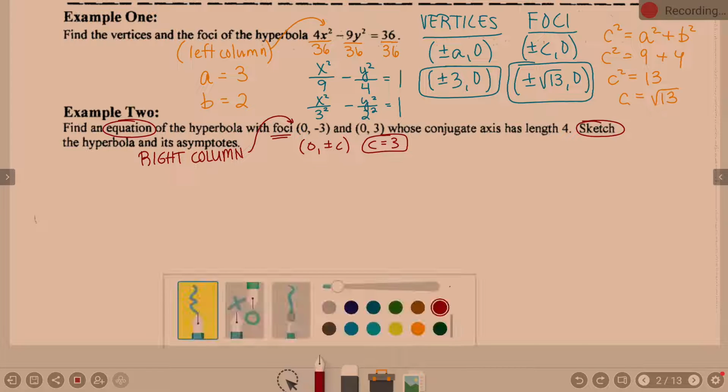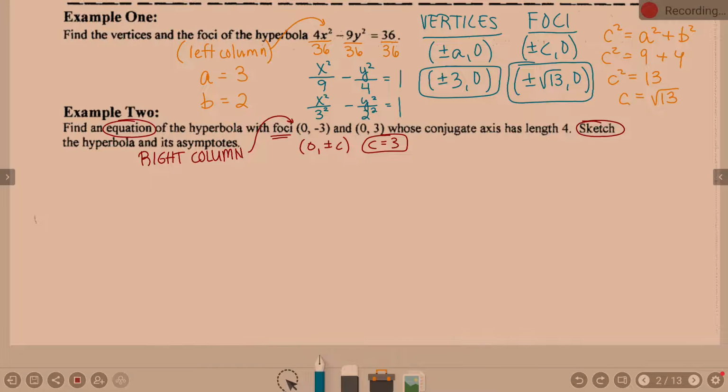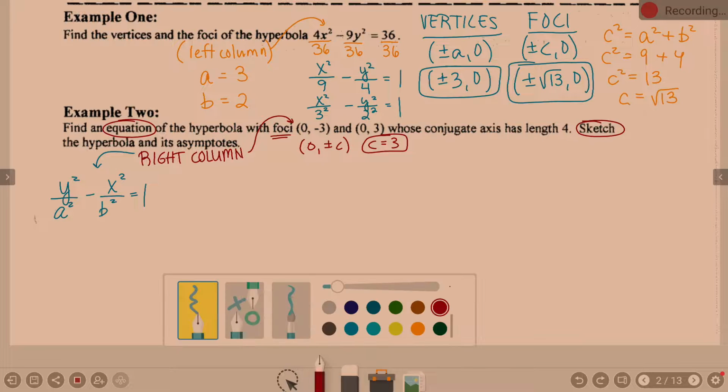If I go ahead and write out my right column formula, realize I'm going to be filling in eventually y squared over a squared minus x squared over b squared equals 1. And that's because it's a right column problem. What other information is provided here?